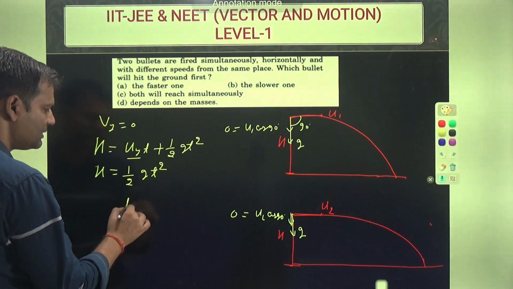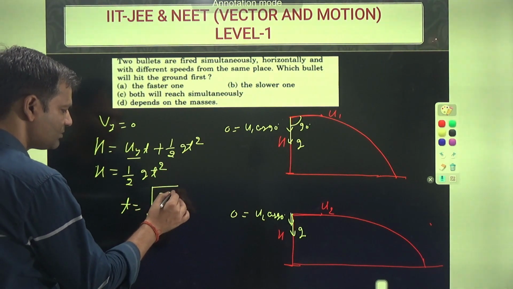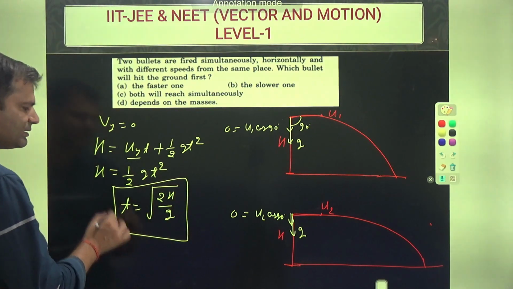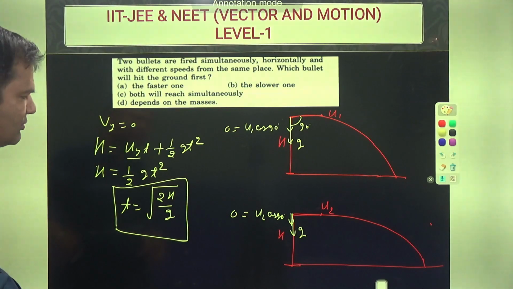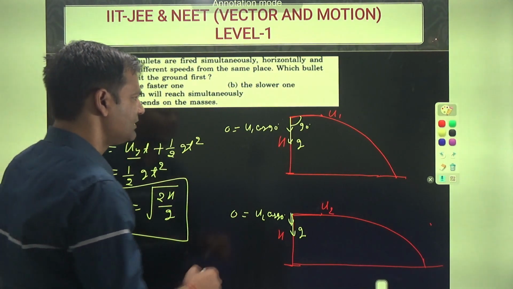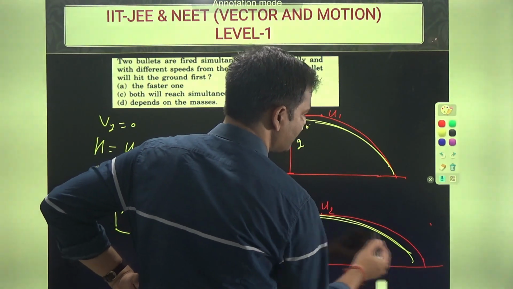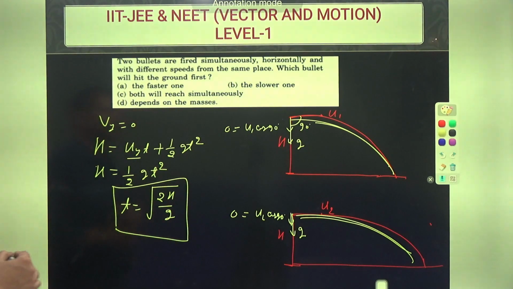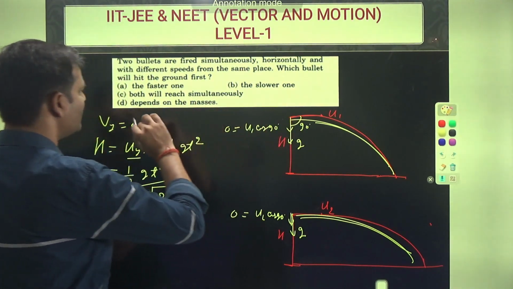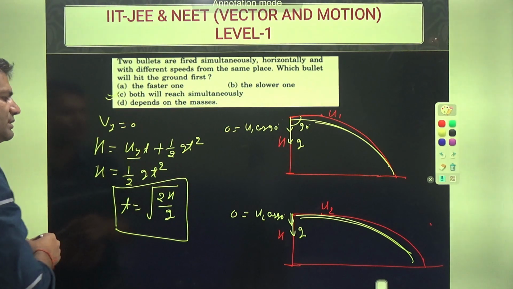So t is written as under root 2h by g. Clear or not? Both take the same time to hit the ground. So the faster one, no; the slower one, no; both reach simultaneously. So C is the correct option.